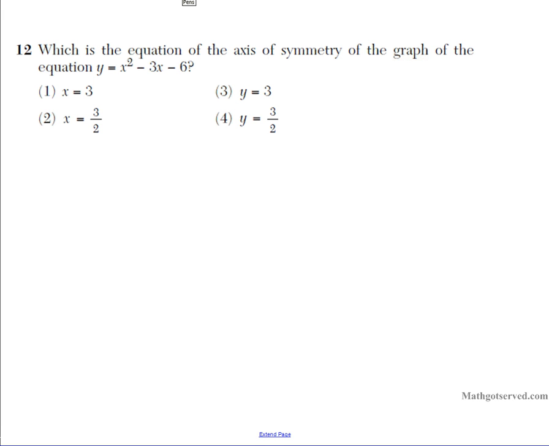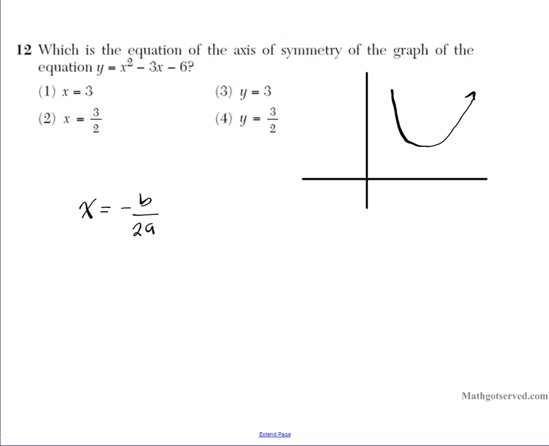So you just need to remember the equation of the axis of symmetry is x equals negative b over 2a. Remember, this is a parabola, right? If you graph your parabola, a parabola has a vertex.